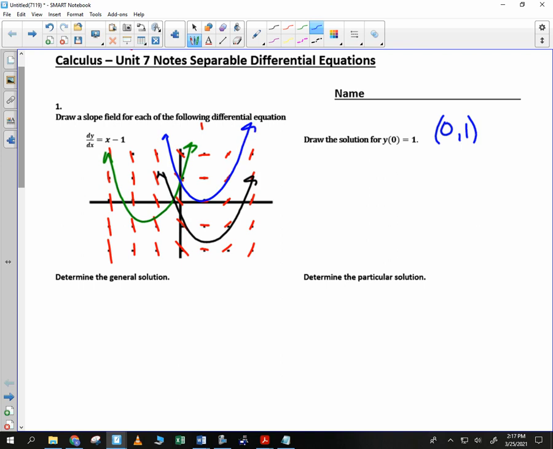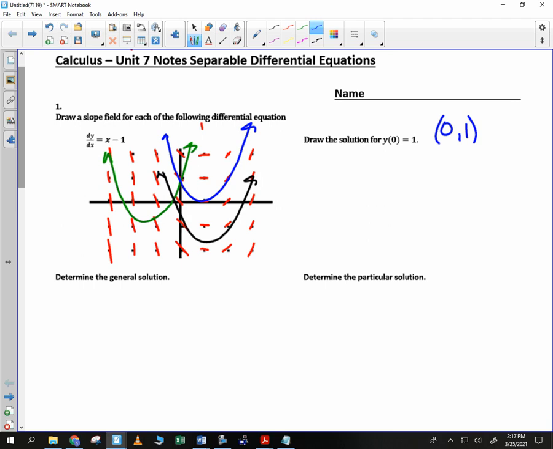The blue one. Okay, the green one goes against the slope field, but it does pass through 0, 1. The black goes with the slope field, but it doesn't pass through 0, 1. The blue one does. Do you agree that that's a parabola?